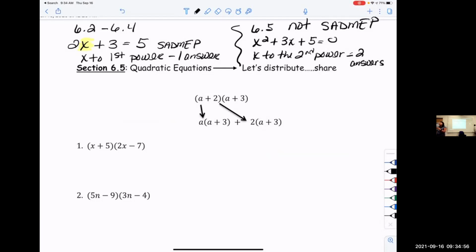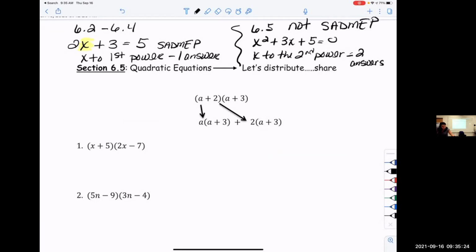You get the same answer. It's 2 different thought processes for exactly the same thing. So it's just whatever your brain chooses to do. I don't care. If you're doing the distributive property thought process, basically all you're doing is saying a times a, a times 3, and then you switch over here and say positive 2 times a, positive 2 times 3. And then if there's any like terms, you combine them.